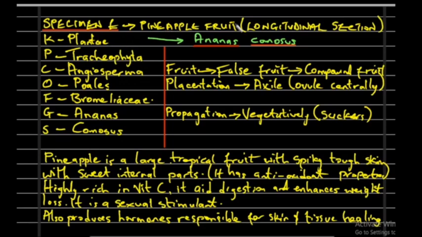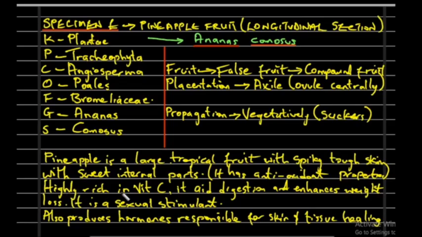Now for the pineapple fruit, what we'll be looking at is the longitudinal section. That is the cut from top to bottom of this particular fruit. So pineapple is a large tropical fruit with spiky tough skin, and the internal part of this particular fruit is usually sweet. It has antioxidant properties, and that is why it is used as medicine.